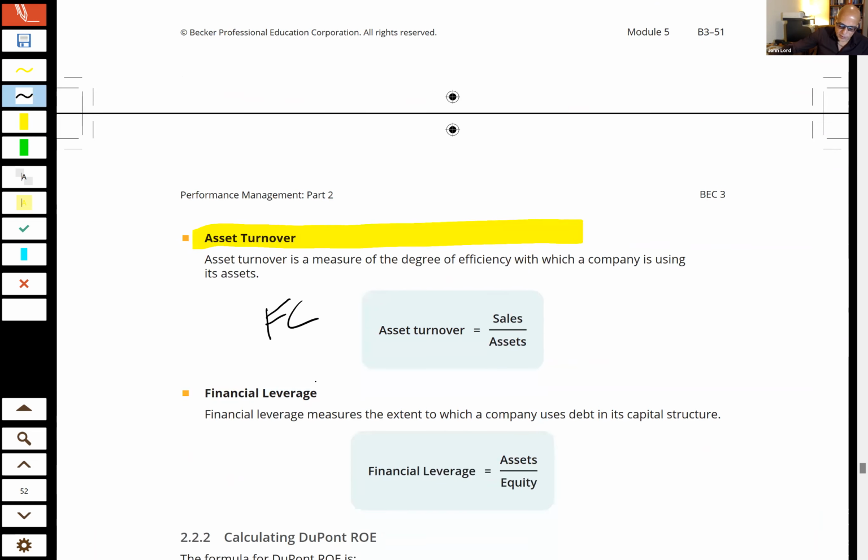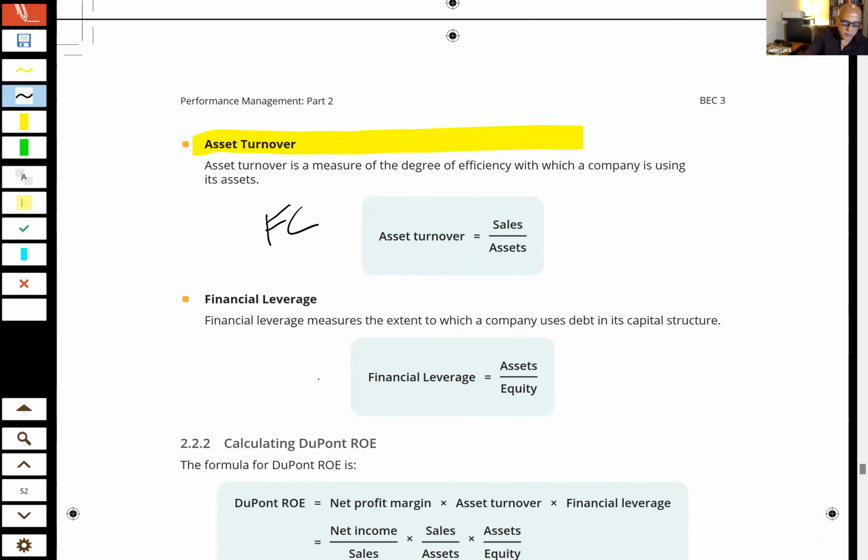Financial leverage, and we talked about this a little bit in an earlier chapter, is going to be my assets divided by my equity. Let's say, going back to that example, I have assets of 100 and liabilities of 40.